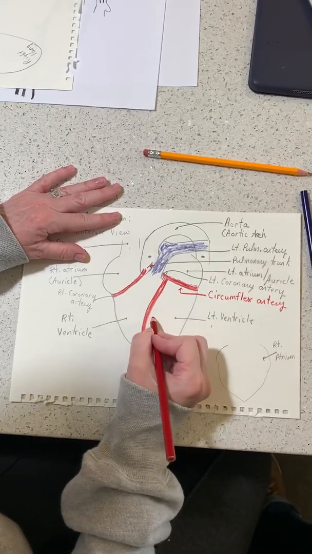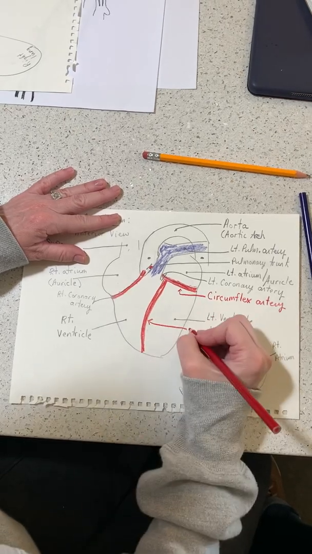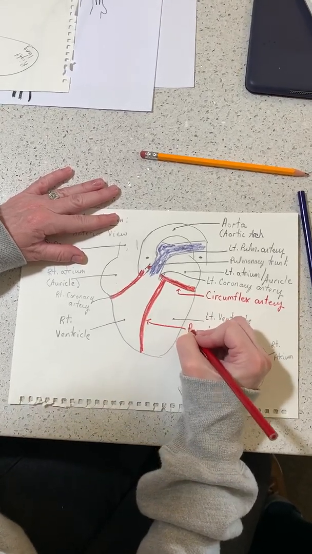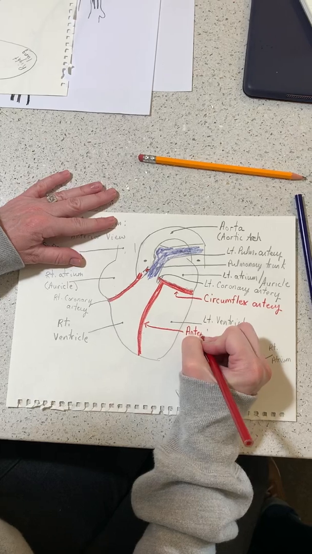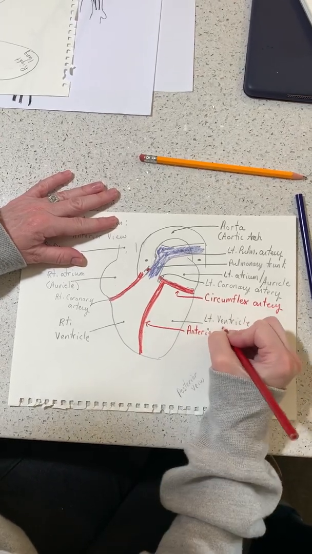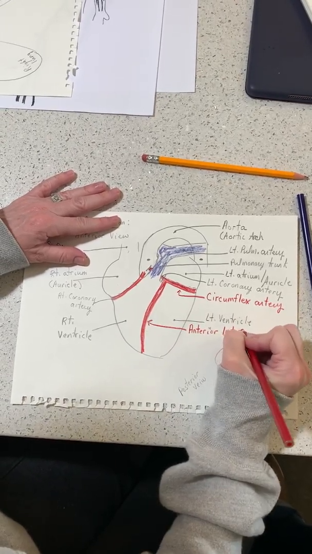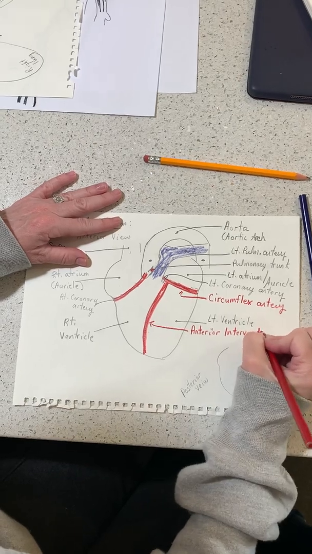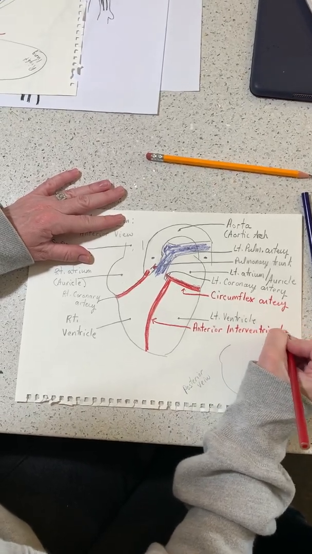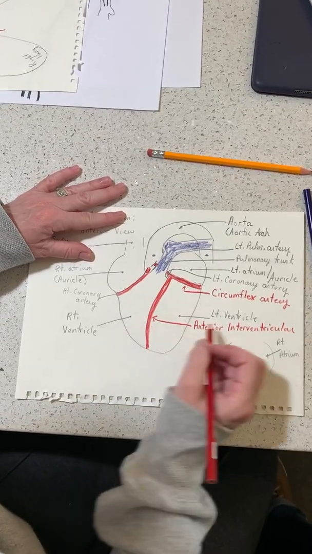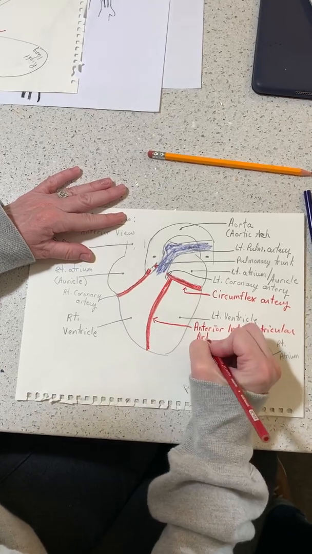And this branch is called the anterior interventricular artery. It's on the front of the heart, so it's anterior. Interventricular, because it's between the ventricles, artery.